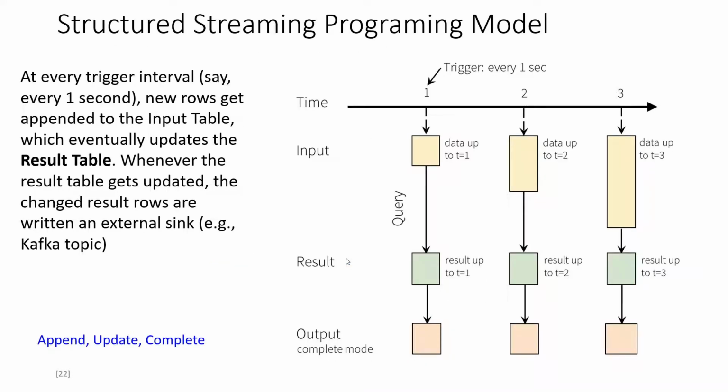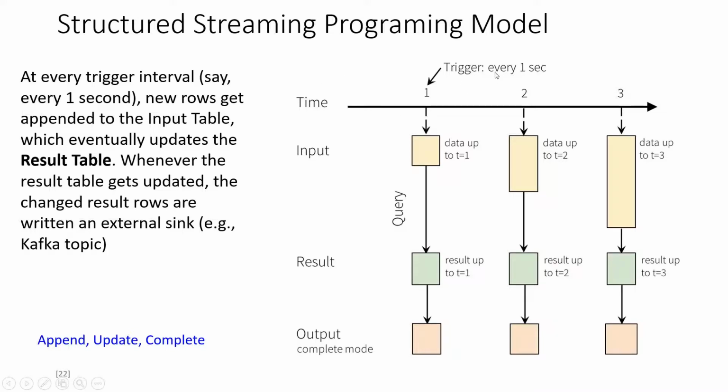This figure captures the key concept of the structured streaming programming model. Triggers are used to initiate this cycle of reading data, processing, and writing results to the output. At each trigger, there are different types of trigger. Let's consider the time-based trigger.